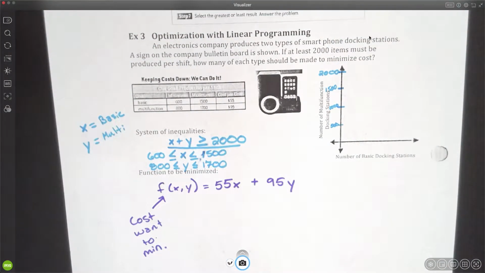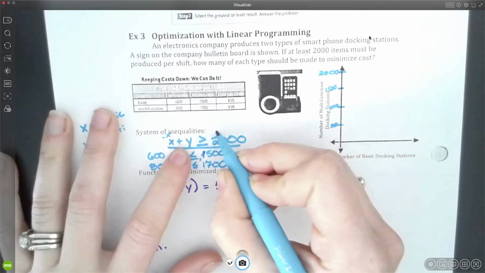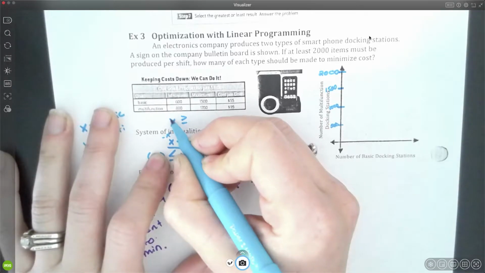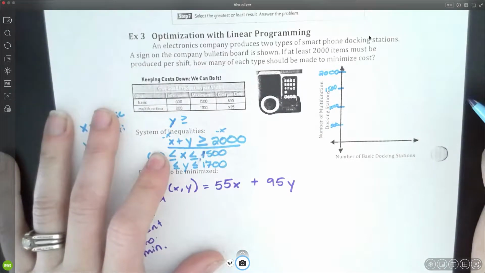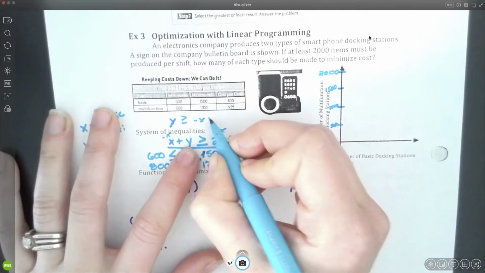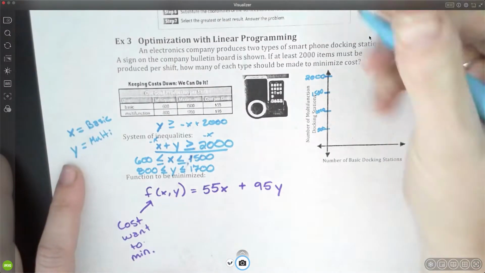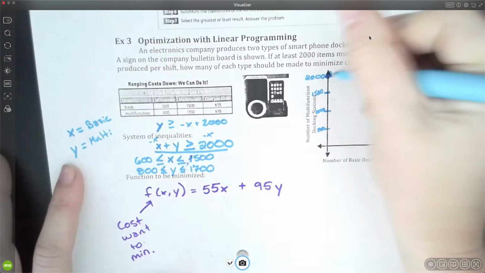Now, X plus Y is greater than or equal to 2,000. I want to solve for Y, so I'm going to kick the X to the other side. Y is greater than or equal to negative X plus 2,000. So I'm going to start at 2,000 and go down 1 over 1, down 1 over 1, down 1 over 1.